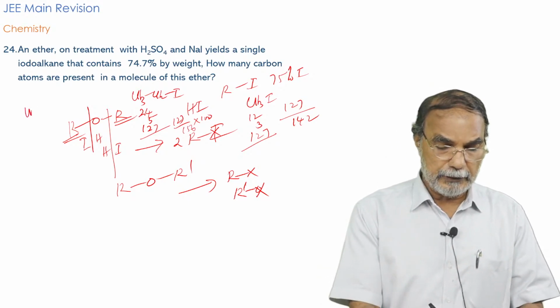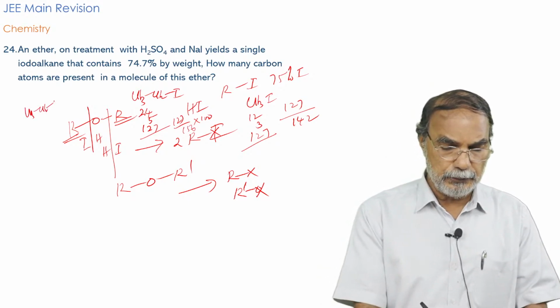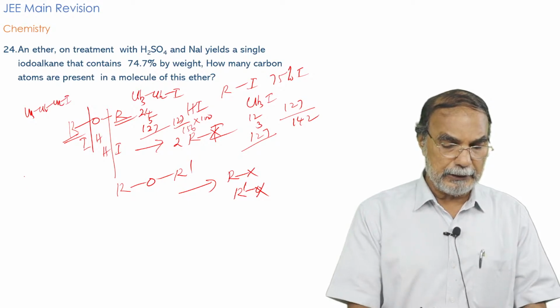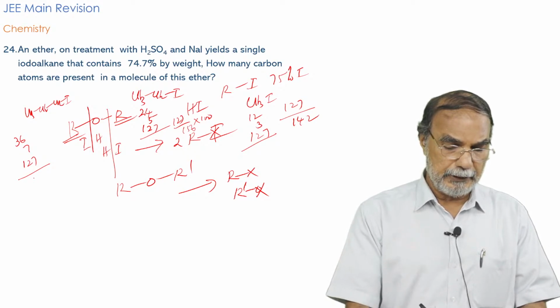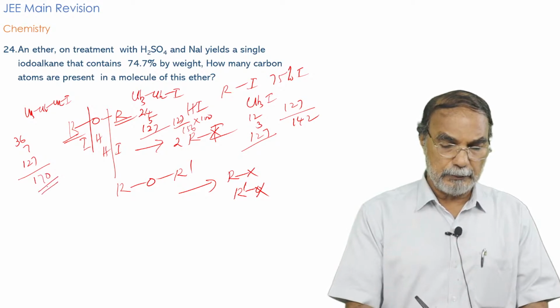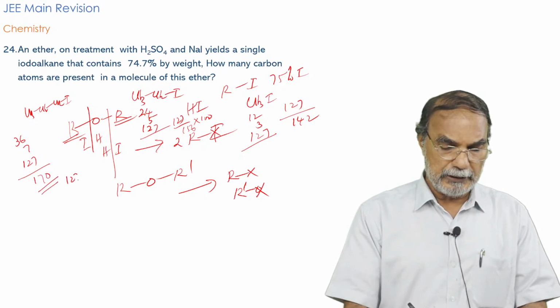And if you take the third possibility, CH3CH2CH2I as the alkyl halide, you have 3 carbon atoms, 36, plus 7 hydrogen atoms, 7, and then it is 127. That is 134 plus 36, that is 170, the molecular mass. So the percentage of iodine is 127 by 170 into 100.